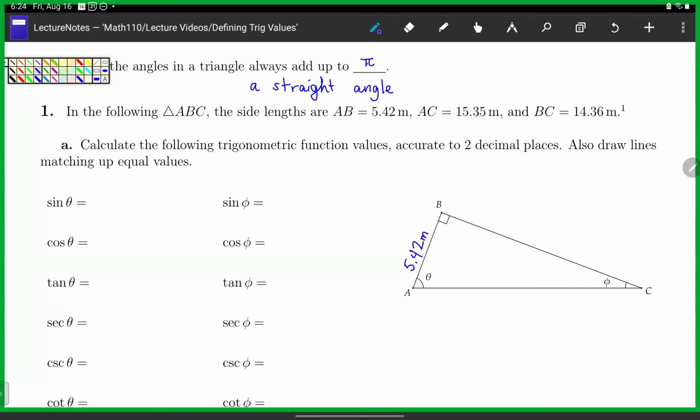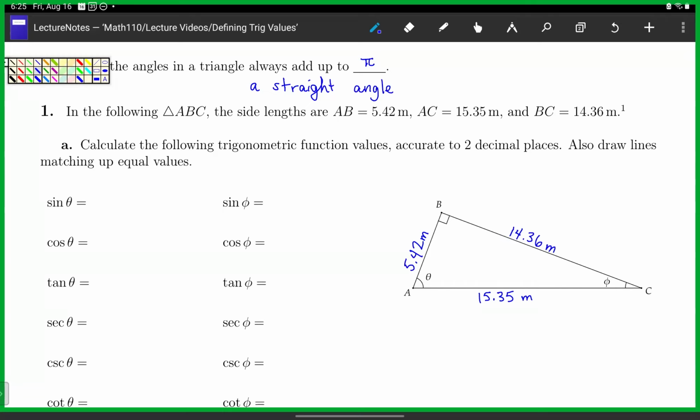Side AC is 15.35 meters. And side BC is 14.36 meters. Okay, so it asks us to say what is sine of theta.